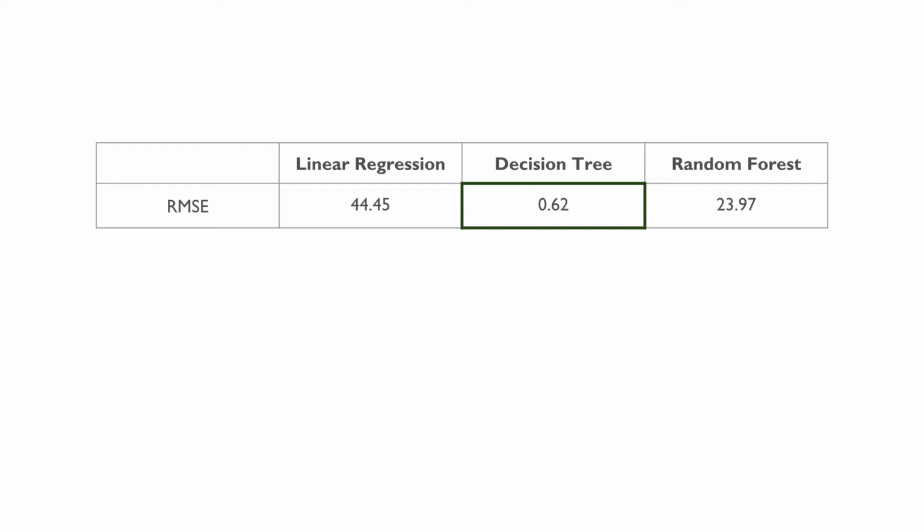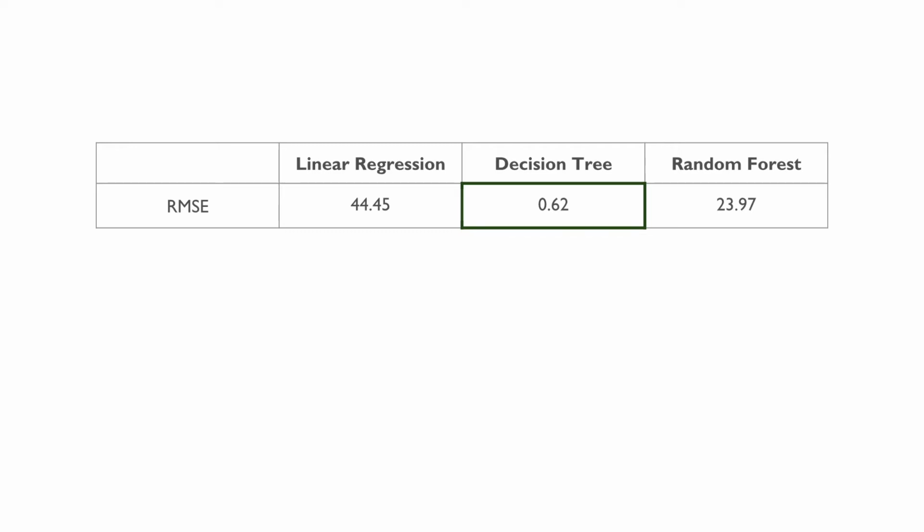As you can see, the RMSE of decision tree algorithm is 0.62, which is minimum among the 3 algorithms. You might think that the decision tree is the perfect model because it has the minimum RMSE, but how do we validate if the model generated by the decision tree algorithm is really a perfect model? This is where we use cross-validation.